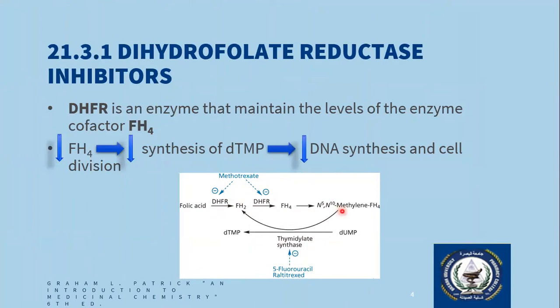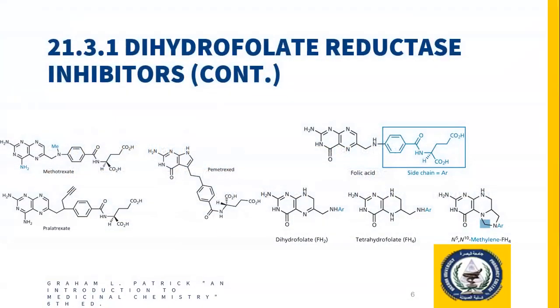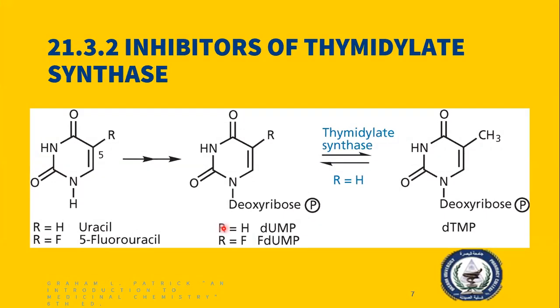Because if you inhibit the formation of the N5, N10 methylene tetrahydrofolate, the thymidylate synthase will not find the one carbon carrier to convert the deoxyuridine monophosphate to deoxythymidine monophosphate. Okay, but that's indirect. How about direct inhibitors?